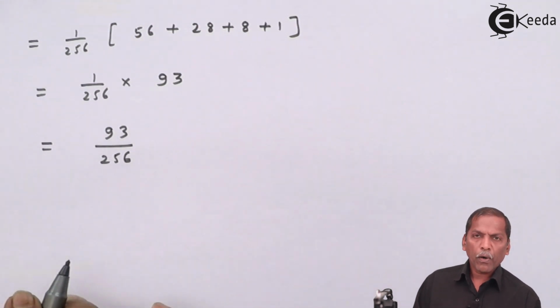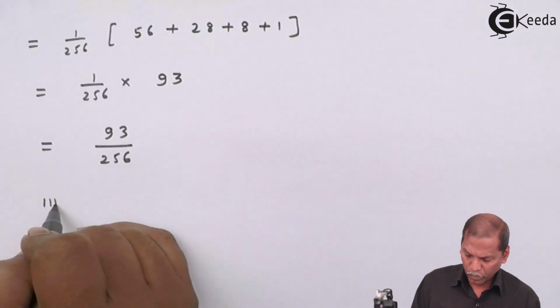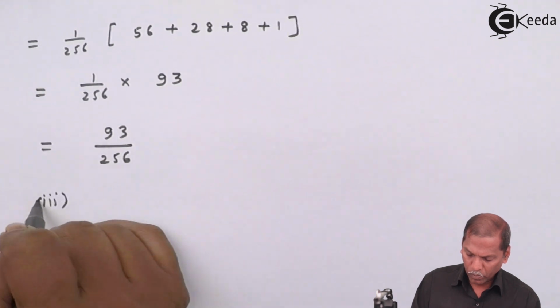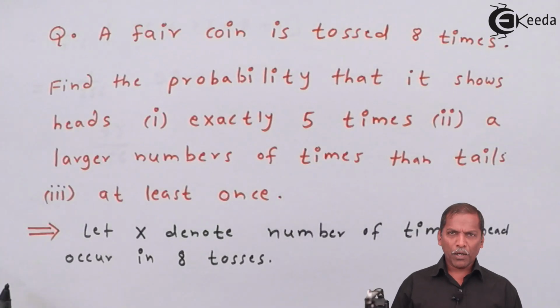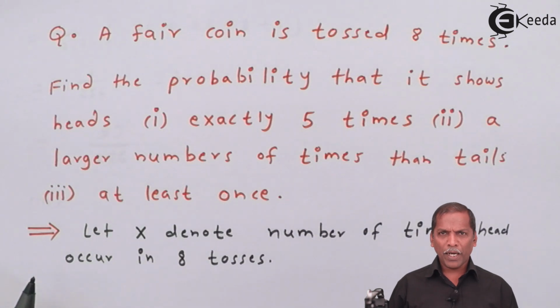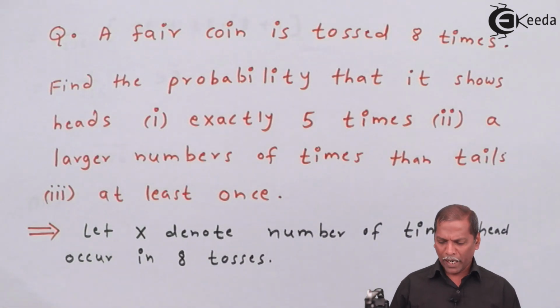Now here we go for question number 3. Now the question number 3 is here. We have to find the probability of getting head at least once.